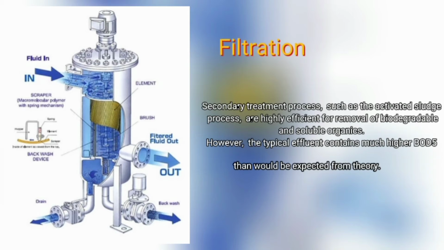Filtration. The secondary treatment processes such as the activated sludge process are highly efficient for removal of biodegradable and soluble organics. However, the typical effluent contains much higher BOD5 than would be expected from theory.